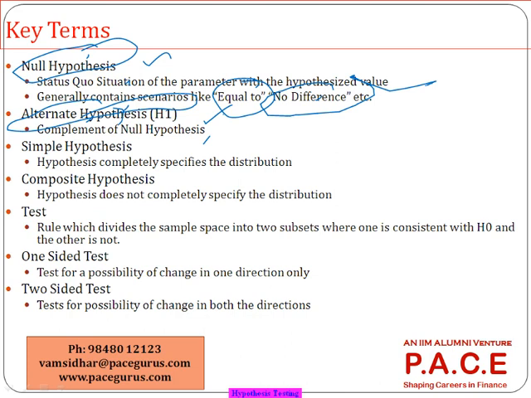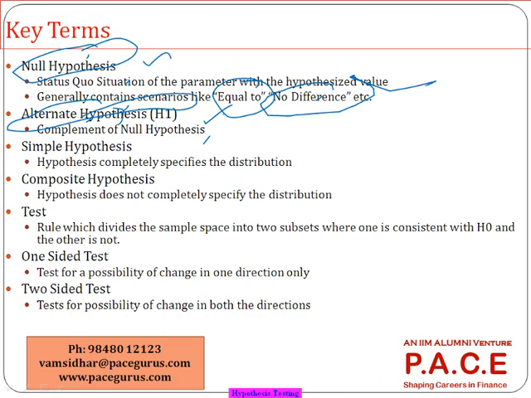If that sufficient evidence is not obtained, then we will not reject the null hypothesis, which means we will continue to say that there is no evidence that will create a difference of the population parameter from the hypothesized value, right? So the null and the alternate, which are complementary to each other: the null always contains the equality, whereas the alternate does not contain the equality.